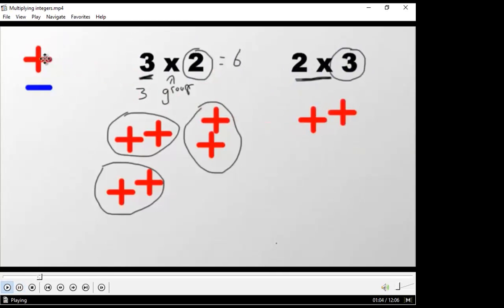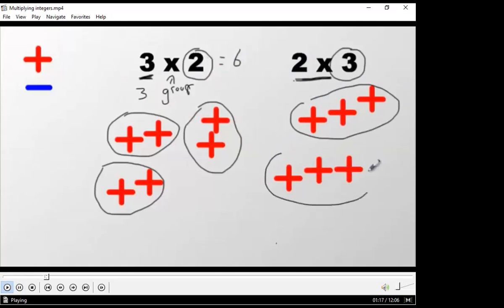This is the first group, and this is the second group. So the answer is positive 6. This is the first case: we multiply a positive number by a positive number.